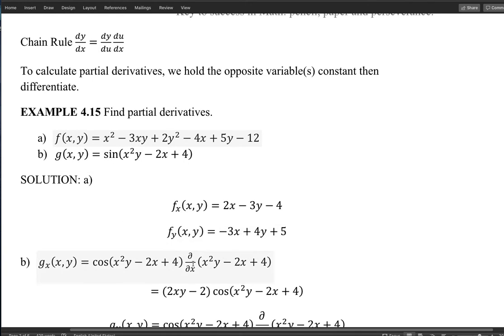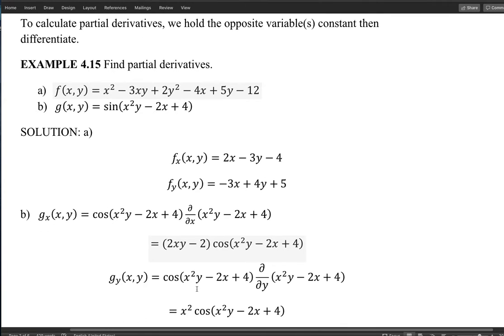Then the derivative of the inner part with respect to x: x squared y minus 2x plus 4. The derivative of x squared is 2x, and y stays. The derivative of negative 2x is negative 2, combined with cosine. It is better to move this term to the front, so people will not get confused whether cosine is applied to this thing or not. It is not. Cosine has nothing to do with the part in front.